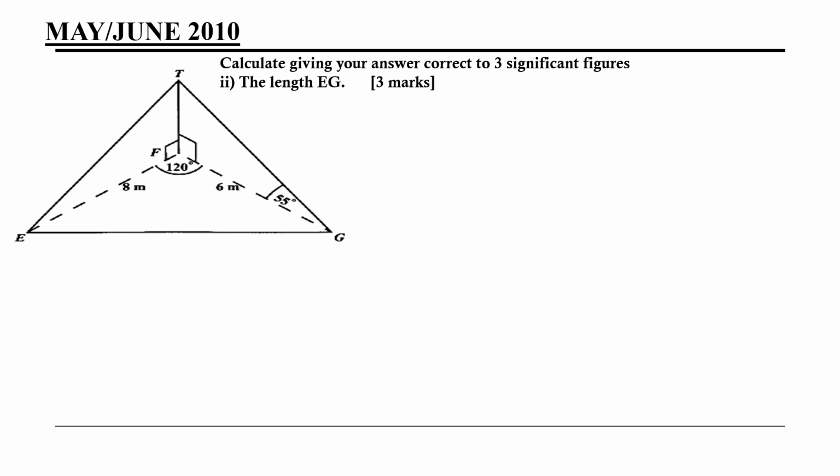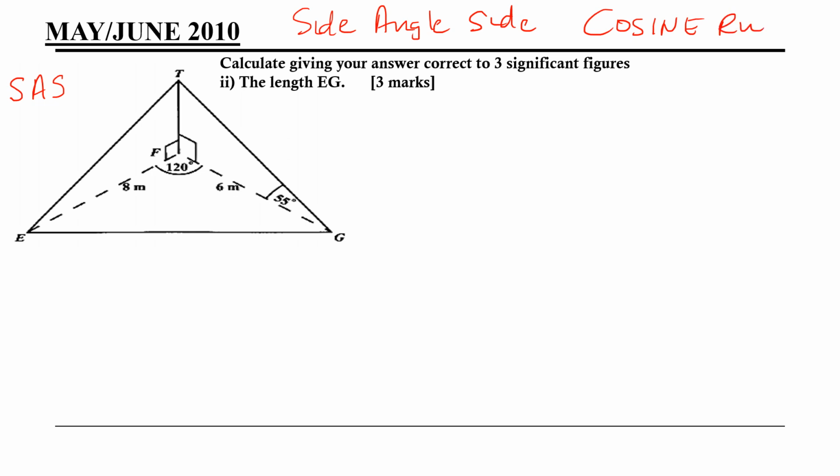Here it is called side angle side. In other words, side angle side. That is the cosine rule.